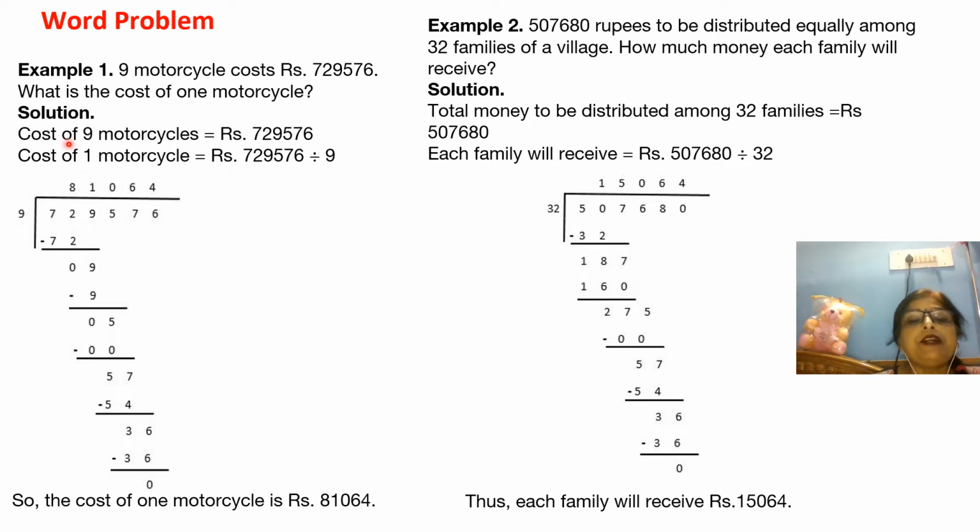First write down here the cost of 9 motorcycles. The cost of one motorcycle will be found by dividing by 9. The process is given here, and with its help you can find the answer. Finally, the cost of one motorcycle is 81,064.